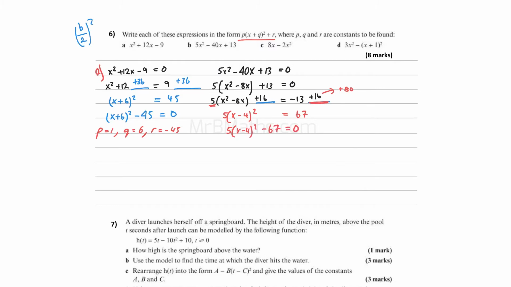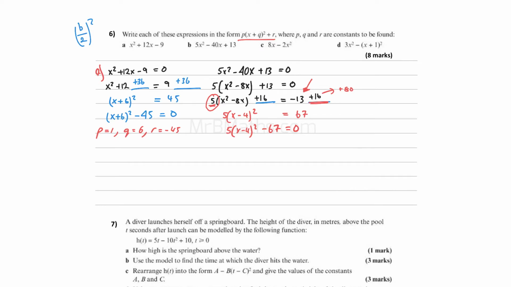So when we're doing complete the square like that and we factor out a number, do not forget to multiply the magic number before you actually do the calculation here. So this is actually minus 13 plus 80. That's all down to this number here that we've factored out, and we can't not multiply it because not doing so will alter the question.